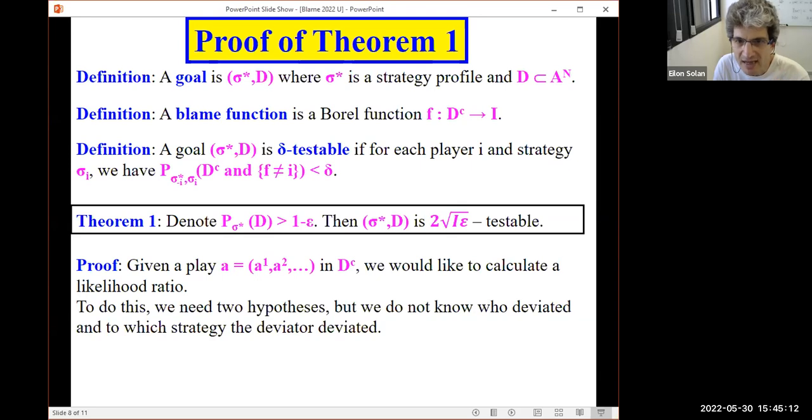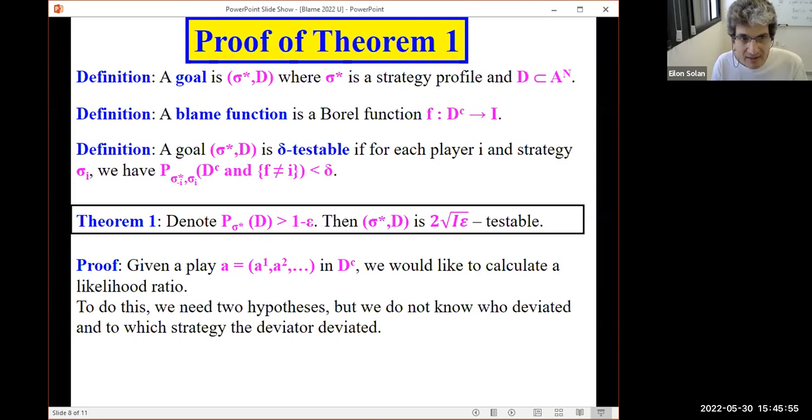So we would like to calculate some likelihood ratio to look at the actions chosen by player 1, the actions chosen by player 2, and somehow calculate a likelihood ratio to tell us whether the sequence that Jerome chose is likely or unlikely to have been chosen given Jerome's strategy sigma star of Jerome. And similarly to look at the sequence of actions that Galit chose and to ask whether that sequence is likely or unlikely to occur under sigma star of Galit.